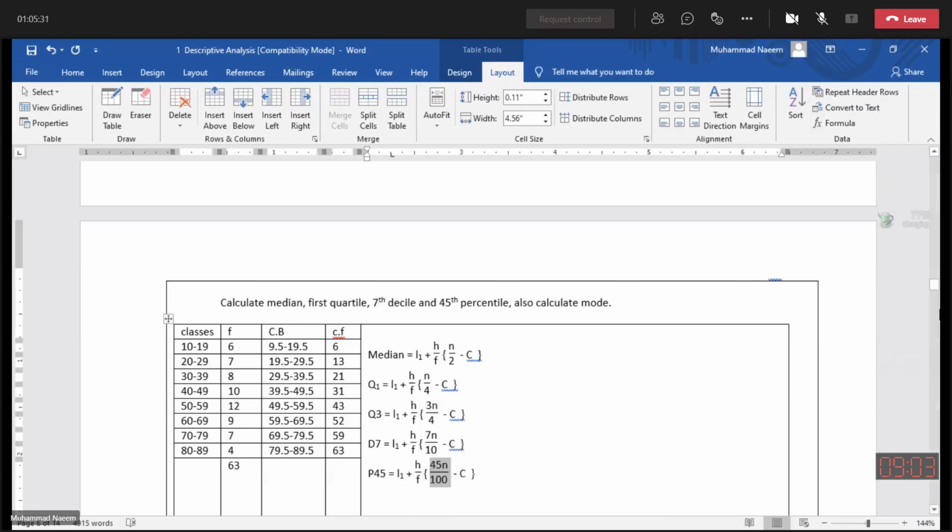Now, first of all, understand these notations: L1, H over F, C. All right.